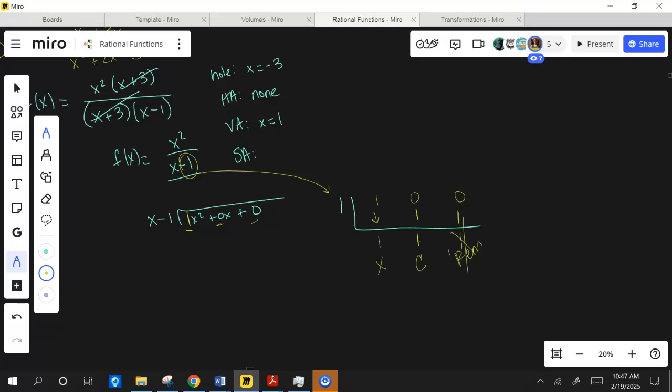What is the equation of my slant asymptote? Y equals x plus 1. Just to show you, if I come back over to my long division, what do I multiply x by to get x squared? x, multiply around, x squared minus x, and subtract.